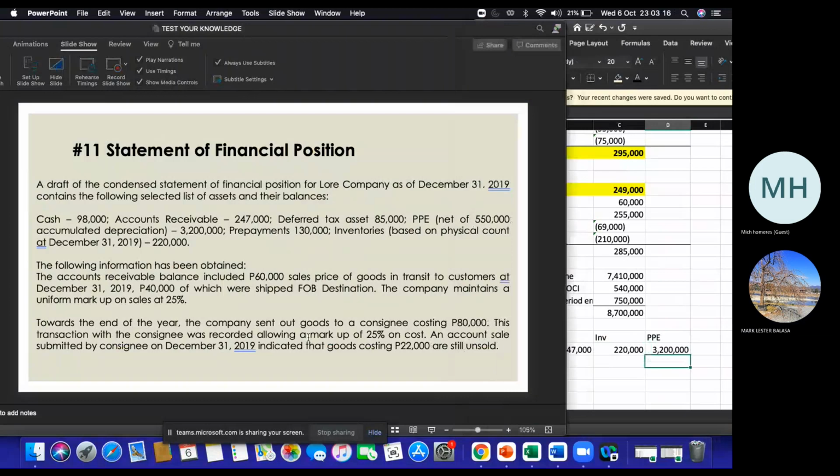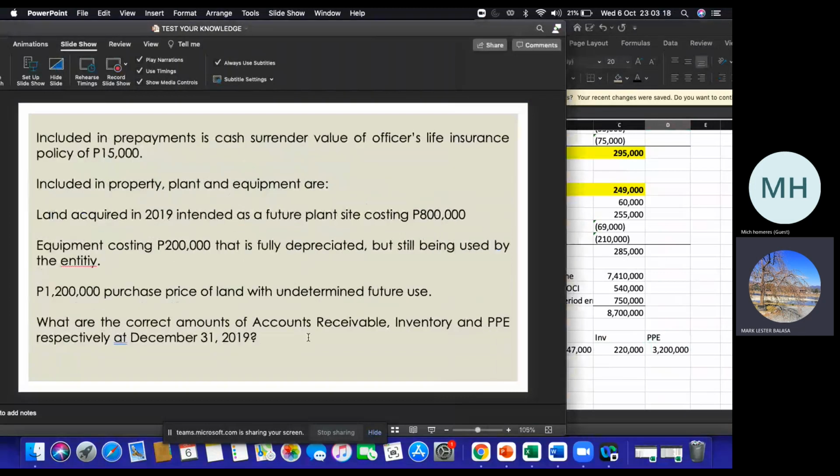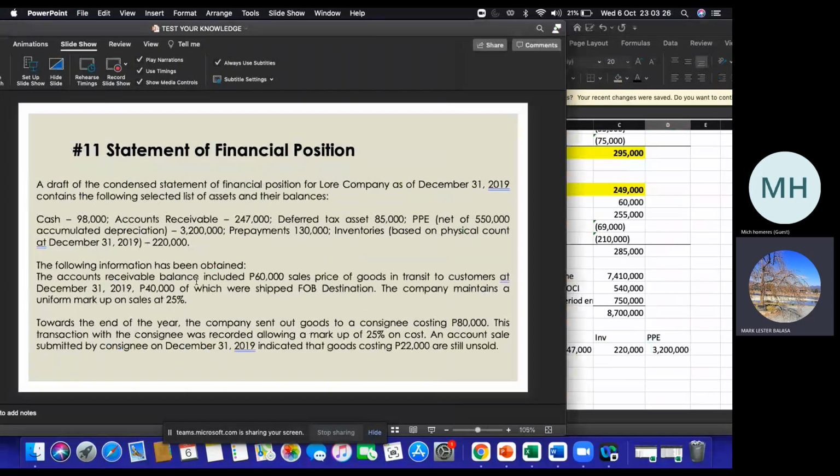So, what are correct amounts of AR? So, the following information has been obtained. The accounts receivable balance included 60,000 sales price of goods in transit to customers at December 31, 2019, 40,000 of which were shipped FOB destination. Okay?